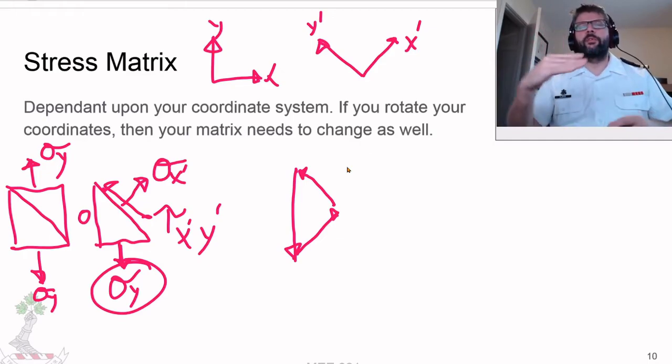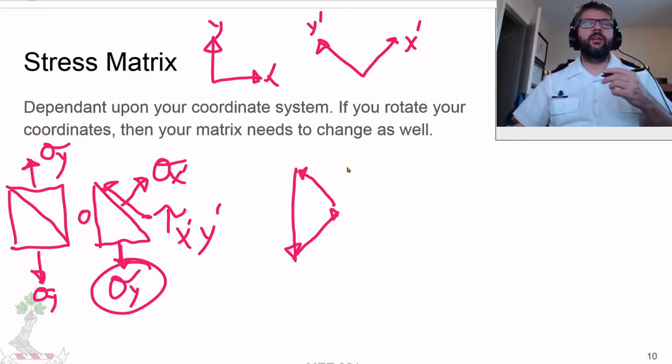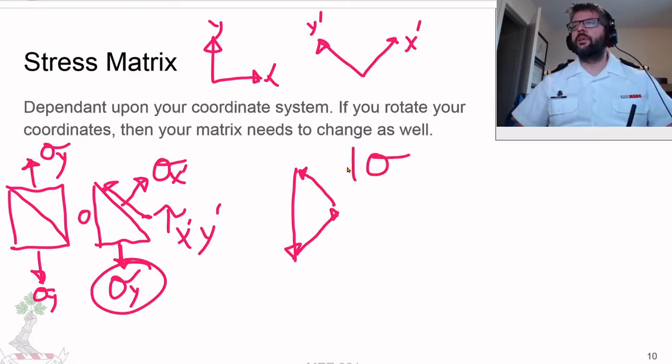It's 45 degrees from a different axis, but they need to have the same magnitude because their horizontal components need to cancel out. So the absolute value of sigma x prime needs to be equal to the absolute value of tau x prime y prime.